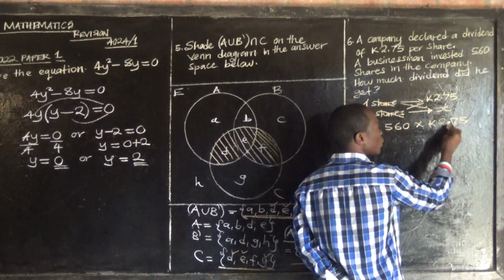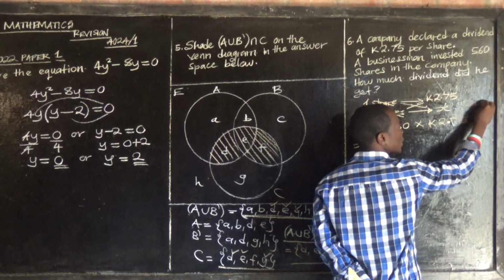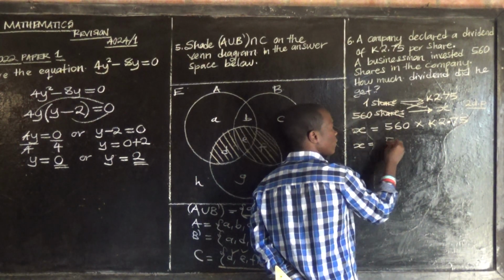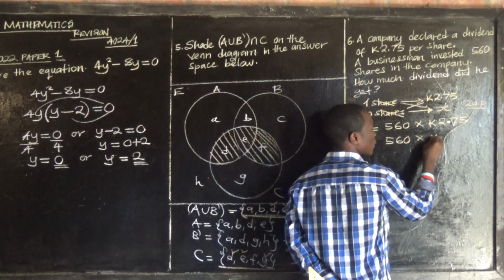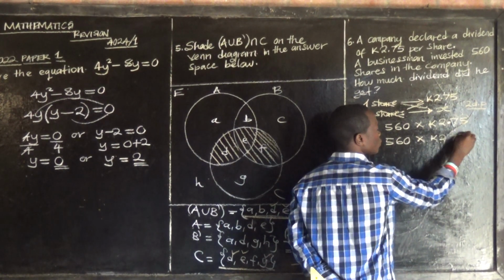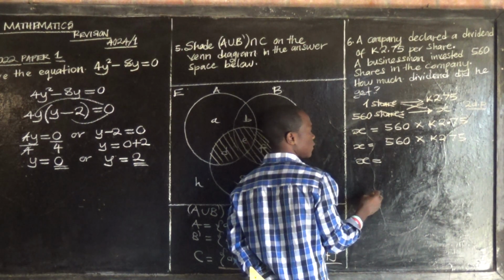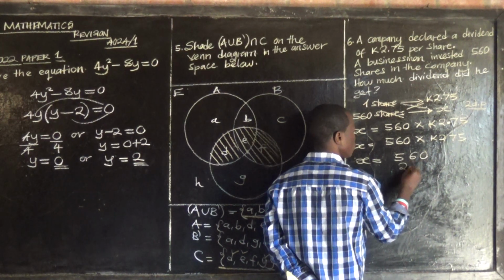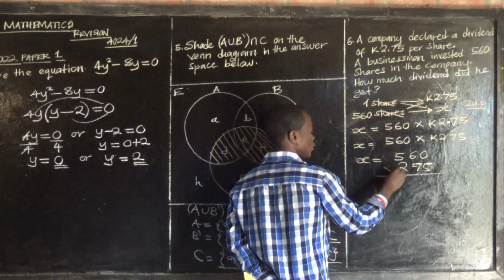It's like we've ignored 2 decimal places and consider this number as a whole number. So we are going to have 560 multiplied by 275. So let's multiply and see what we're going to get.